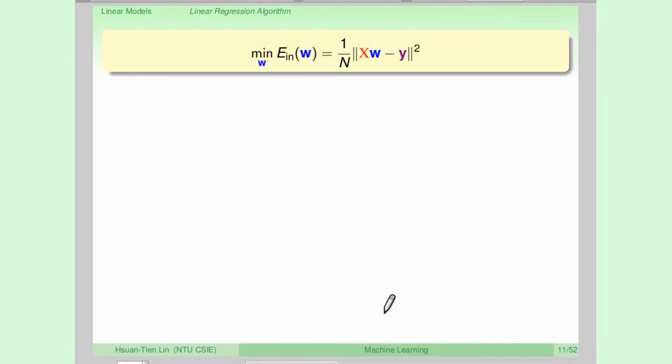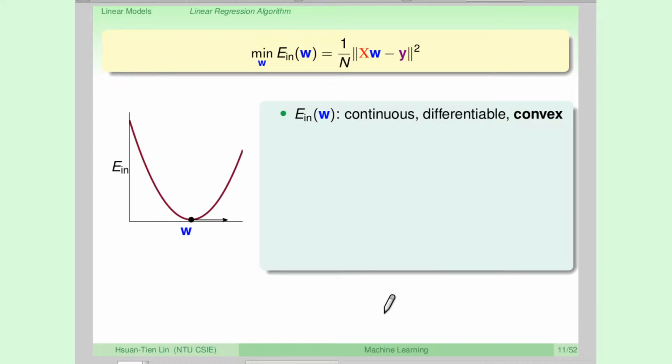Okay, now there's minimize E_in, and we have written it down in matrix form. Now this E_in is a continuous, differentiable, and usually called a convex function of W. Our W is a vector, so it's a little hard to imagine in a multi-dimensional space.